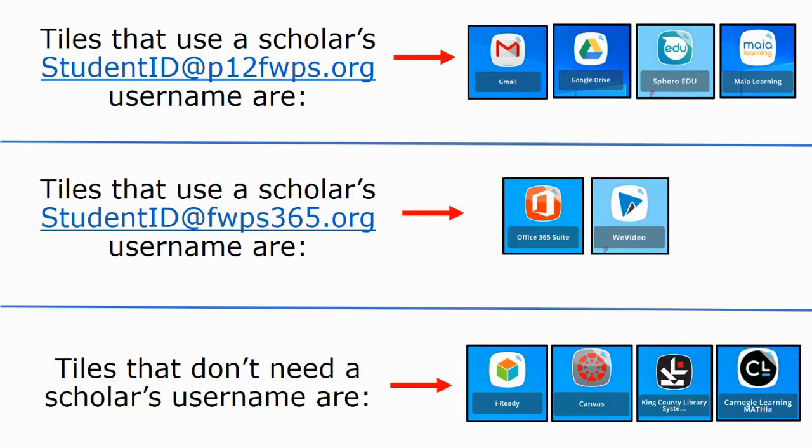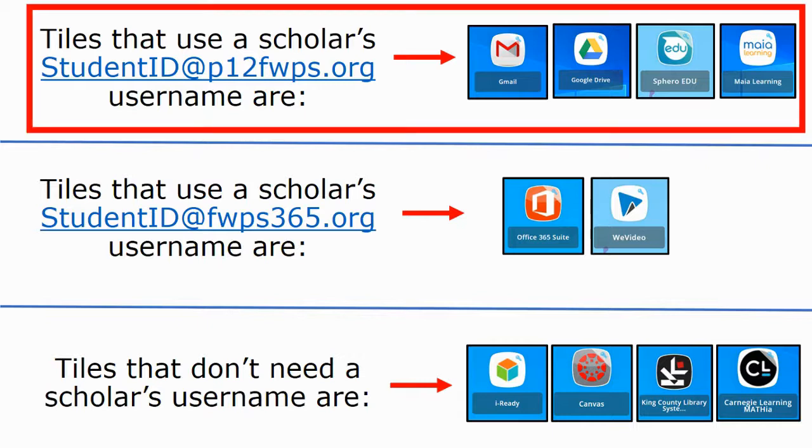Take a look at the following tiles and what emails or Scholar accounts would be used to sign into each of them. For a Scholars at p12fwps.org email, that would be used to sign into things like Gmail, Google Drive, Sphero EDU app, and Maya Learning.